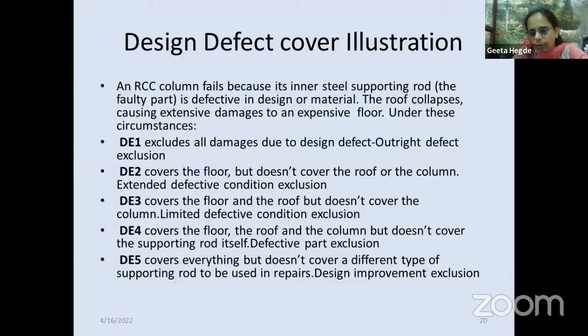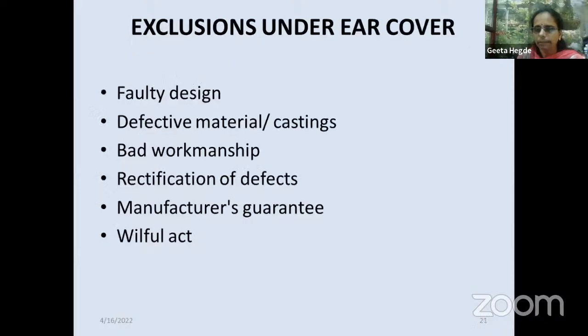Column, roof, floor, everything is covered. And if everything is covered, including the rod, then it is DE5. However, it will still exclude any improvement in the defective part. So this is DE 1, 2, 3, 4, 5. It can be asked.